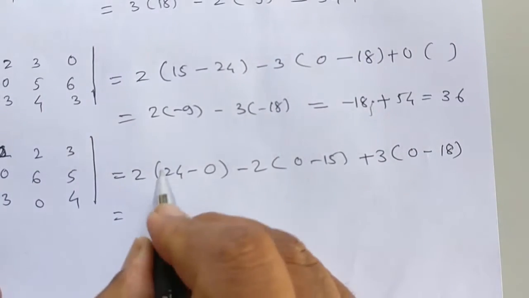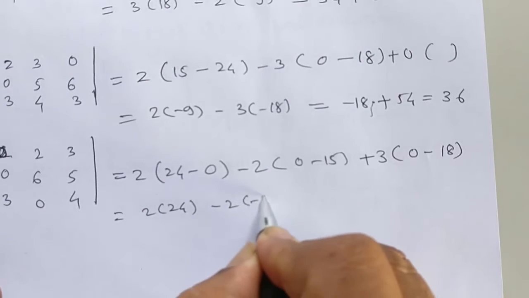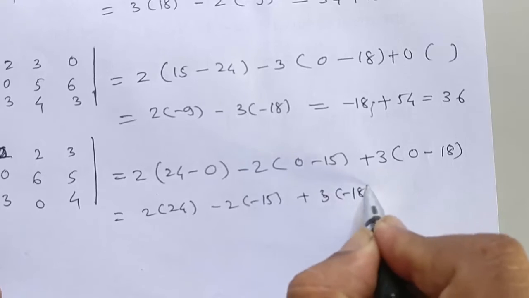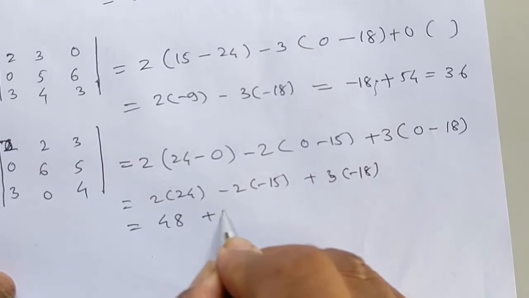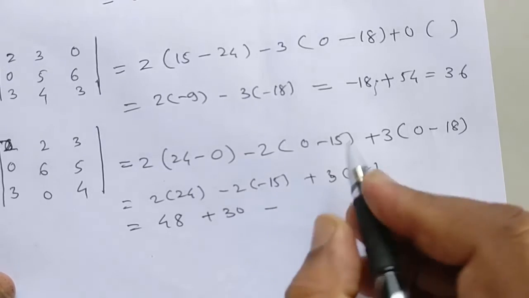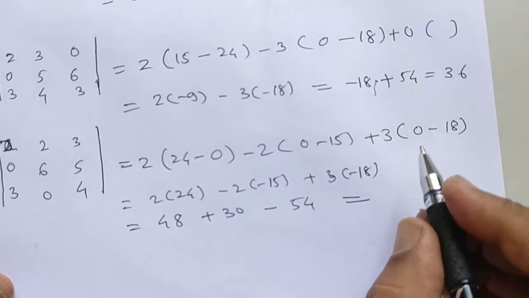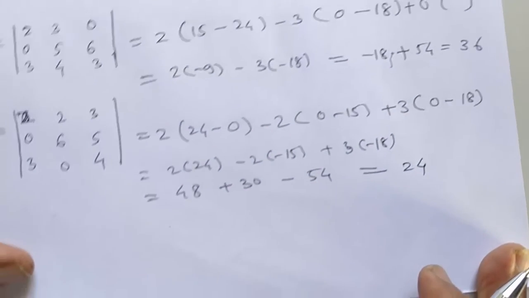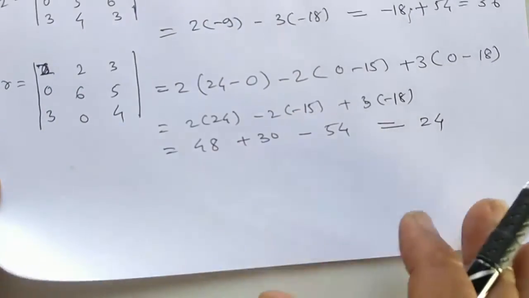So it is equal to 2 into 24 minus 2 into minus 15 plus 3 into minus 18, which is 48 plus 30 minus 54, and this is going to be 24. In this way we have calculated all four determinants.